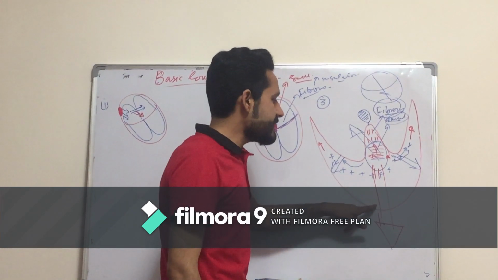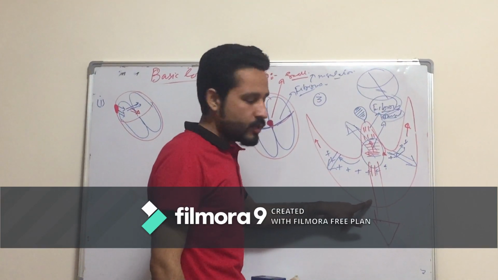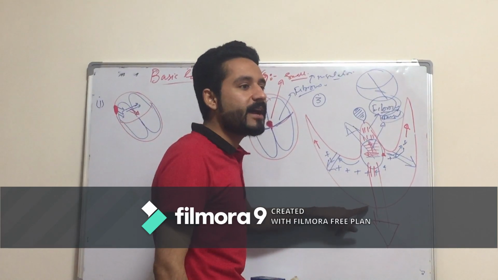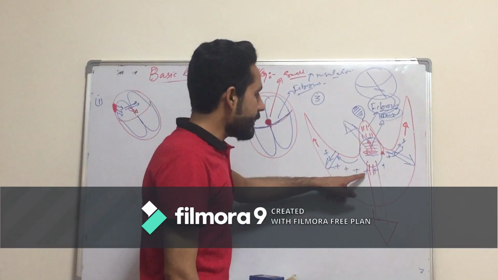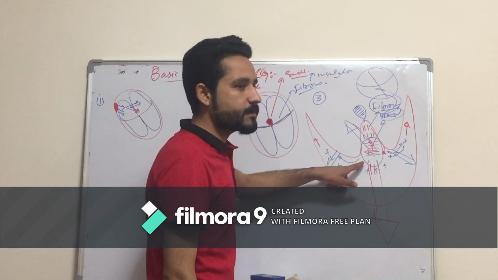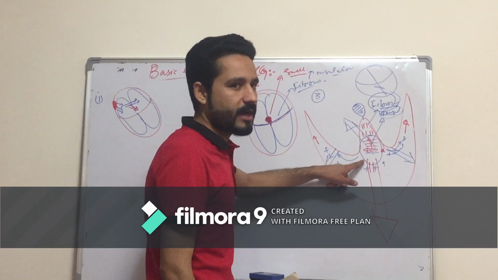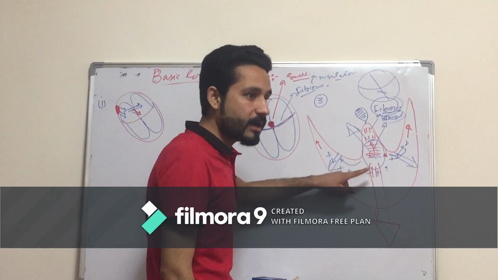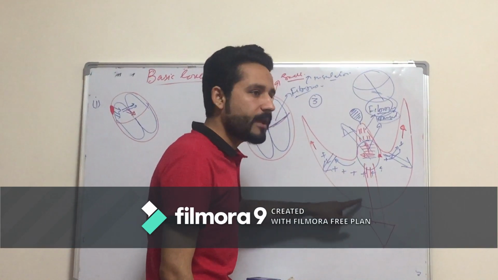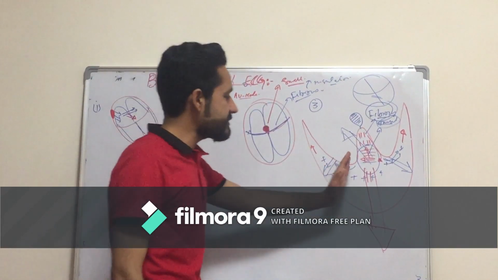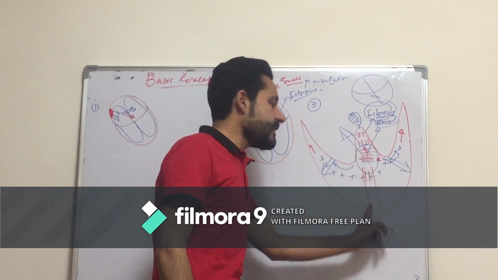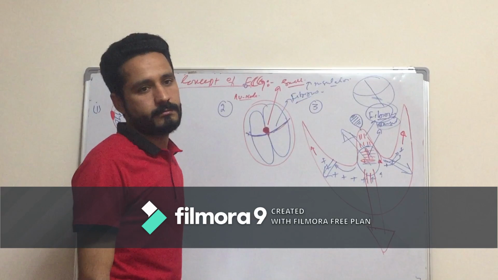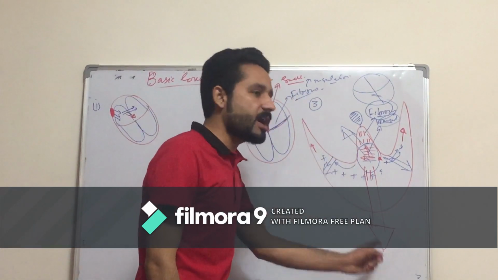This side is near the pericardium, so we can say this is the subpericardium myocardium. So the depolarization will spread from the subendocardium myocardium into the subpericardium myocardium. This is the direction. This vector, which we have already studied, represents the direction of the current, or the direction of the charge motion.